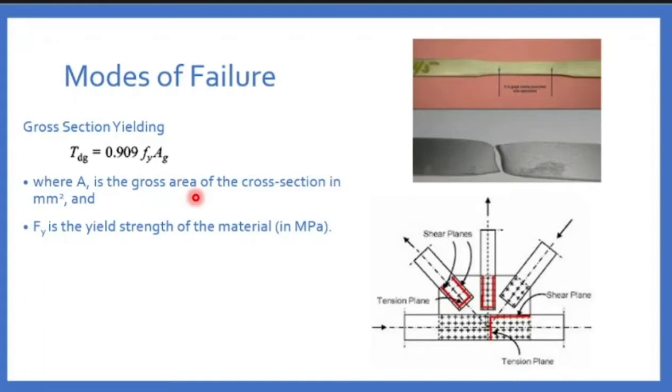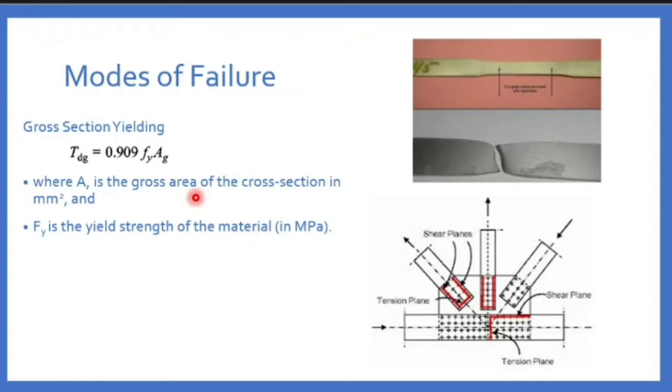First mode of failure is gross yielding. So this is the title here. What do you mean by gross yielding? Take this as the tension member. If I am tensioning this member, it will fail in between the member. So this is one connection and this is another connection. If I am tensioning this, it will fail in between.